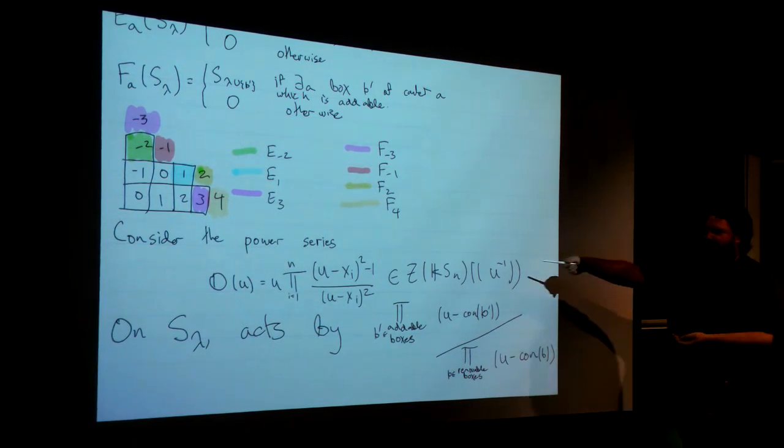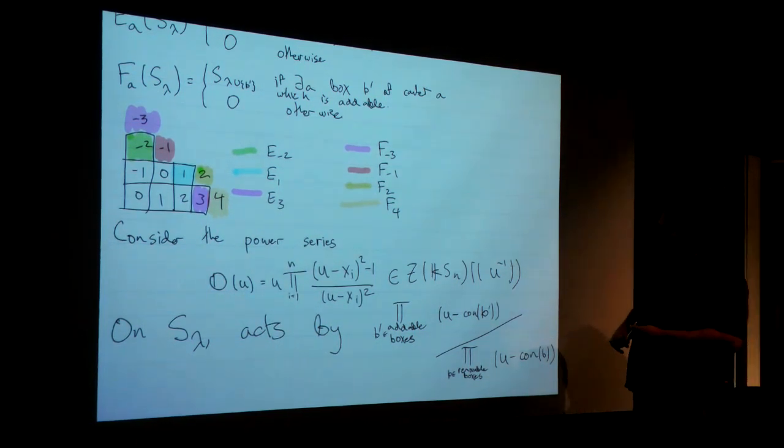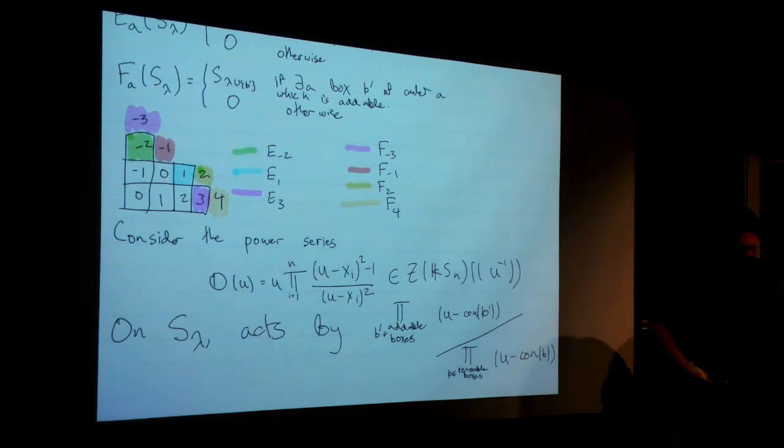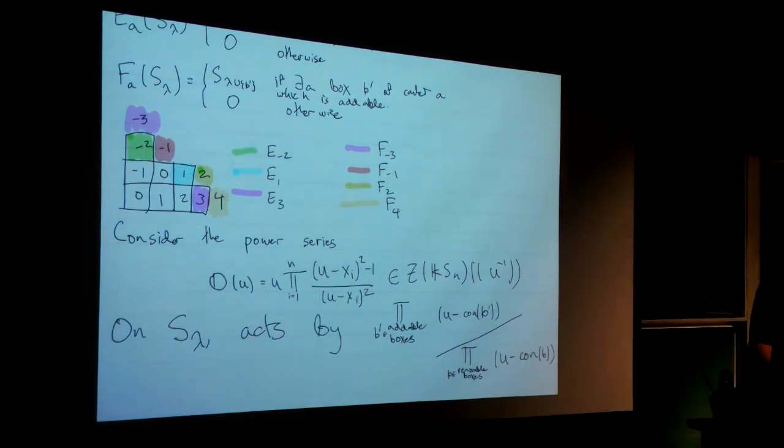I know this looks a little strange, but it's worth thinking through what this does. On the top here, I have a difference of squares: u minus xi minus 1, u minus xi plus 1. And actually, there's a nice formula for how this acts on any Specht module.